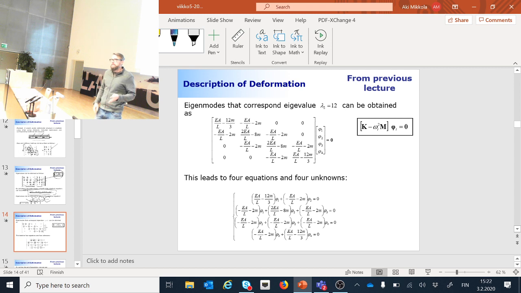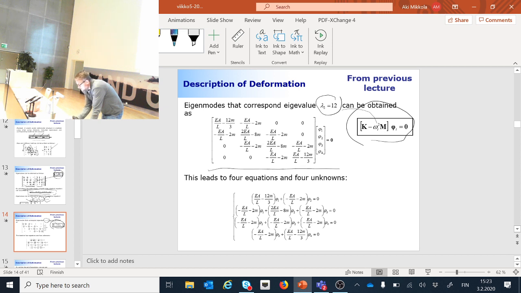What is the eigenvector corresponding to eigenvalue lambda equal to 12? How can we find it out? Well, let's use this equation. Let's substitute 12 here, and then we can get 4 equations. We can get this one here.